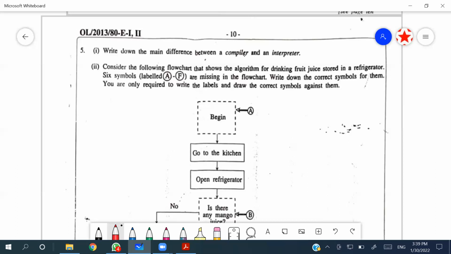But the interpreter is not like that. Reading the first line, convert it, execute it. Reading the second line, convert it, execute it. Right? So it may take time if you think about the total time.